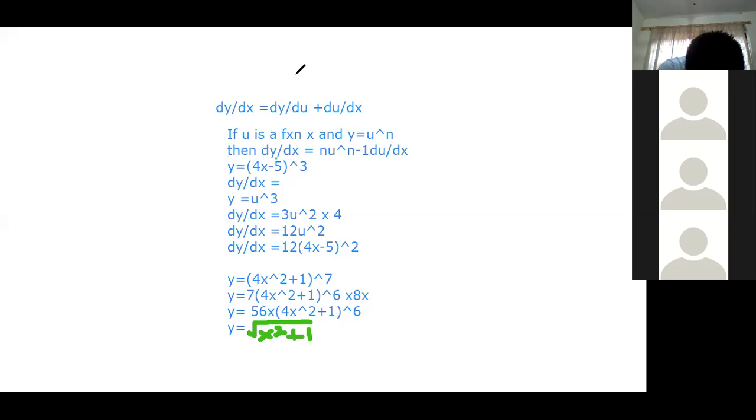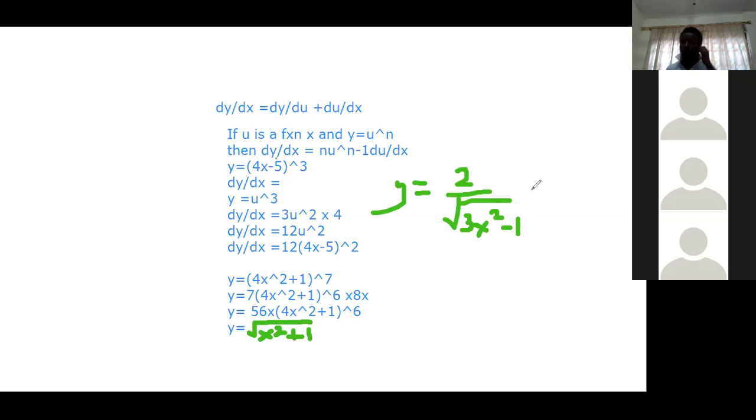Let's do this for me. Y is equal to 2 all over root 3x squared minus 1.